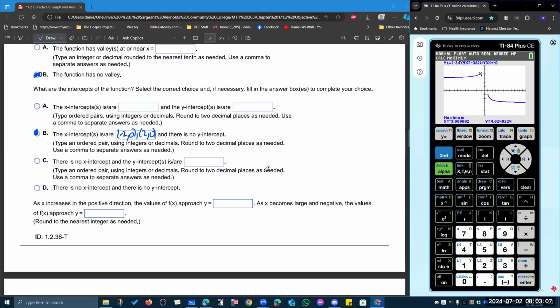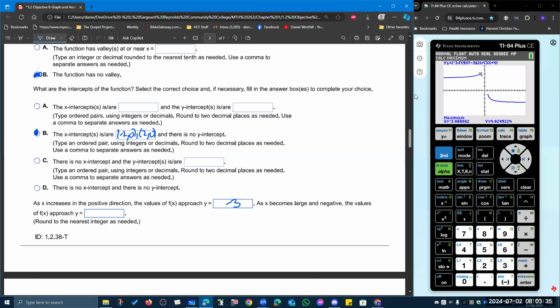As x increases in the positive direction, the values of f of x approach y equals -3. You see that right over here, y equals -3 is this horizontal asymptote.